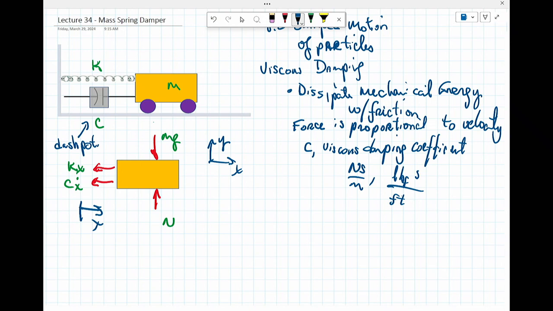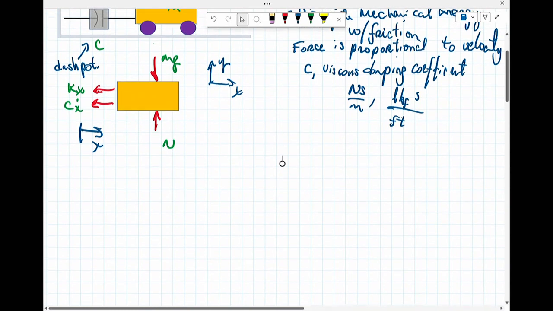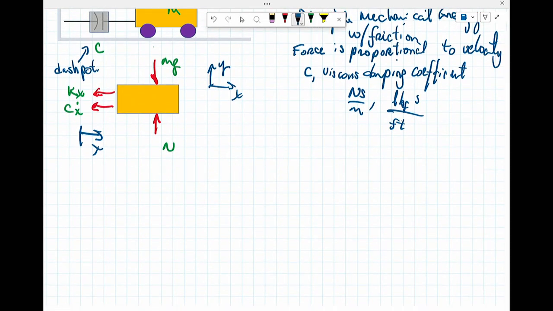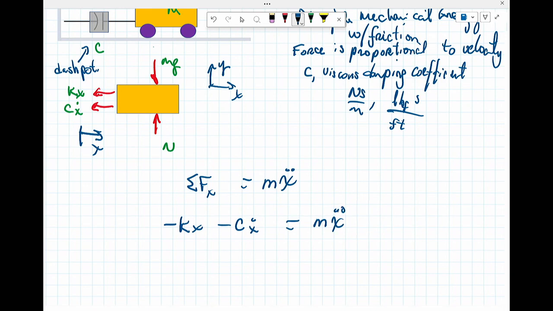And the problem is that if I take the derivative of x like I did with mass, then I'm going to have an additional term that appears, and an additional sine and cosine, and it's not going to cancel out. So I need to look at how I'm doing my solutions. So sum of forces in x, mx double dot. I have minus kx minus cx dot, which equals mx double dot.